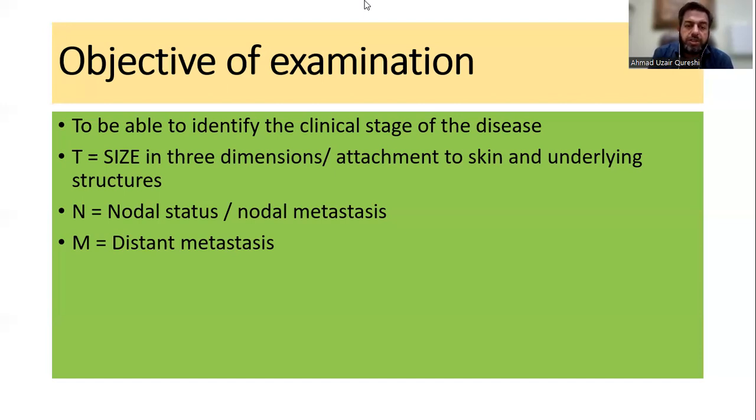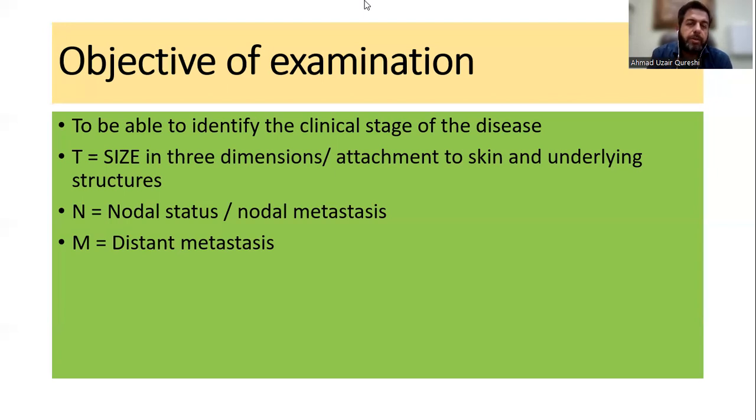So we need to know the T, which is the three-dimensional structure. Remember, it has to be length into breadth into height, or if it is an ulcer, length into breadth into depth of the ulcer. We also need to know its relation and fixity with the underlying structures, with the skin, or any other associated abnormality you can find with that T part.